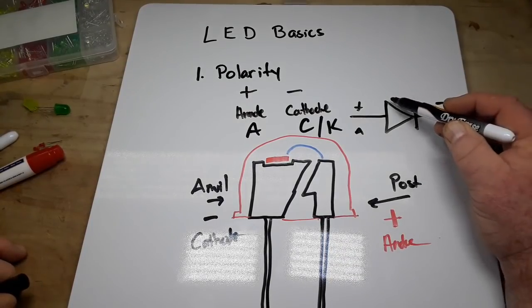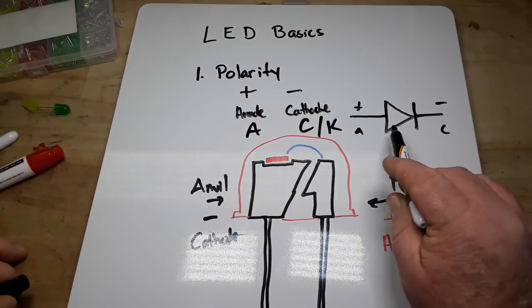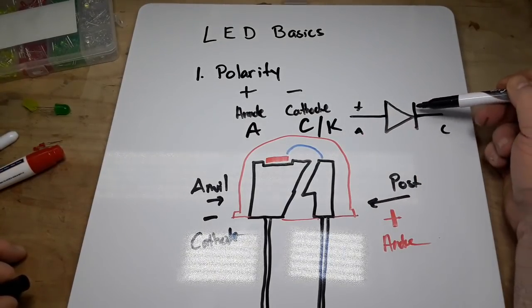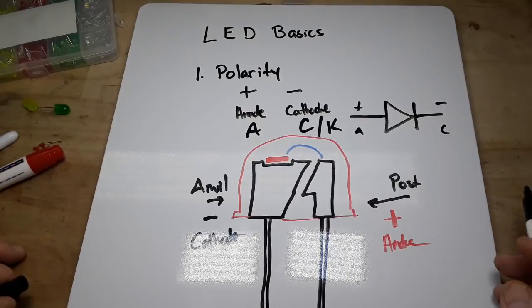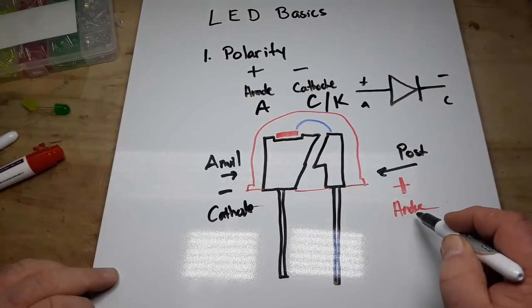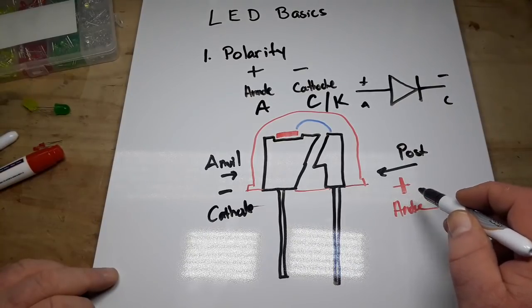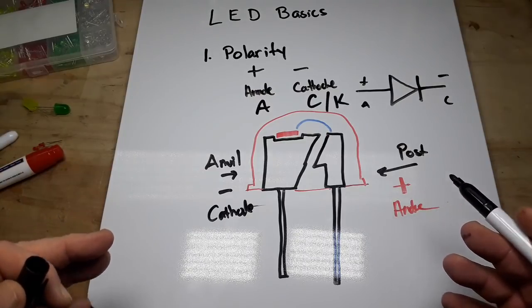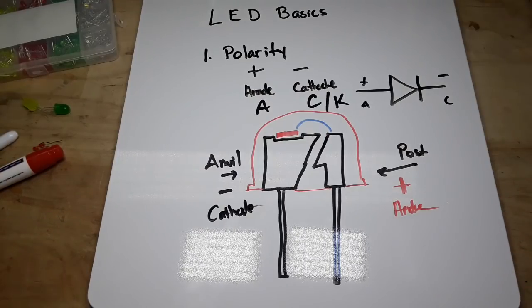So if you look at that and think of that triangle as flow, the current is only going to flow that way. If you try and come this way, there's a wall here. Nothing is going to happen. So you need to hook up your LED with the anode side, the positive side, to the positive part of your power supply, whether it's some sort of bench power supply or a wall wart or a battery or whatever. It has to be hooked up this way.